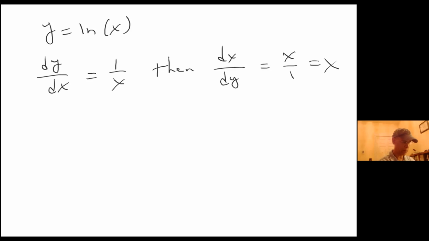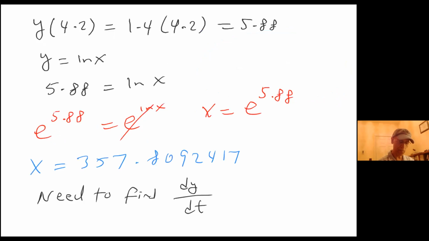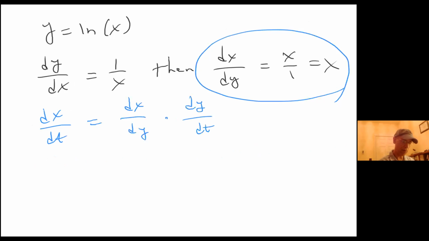So I'm looking for dx dt. And so I know that dx dt equals dx dy, which I have in here, times dy dt, which is easy to get because we were given on a previous page that y as a function of time equals 1.4t.